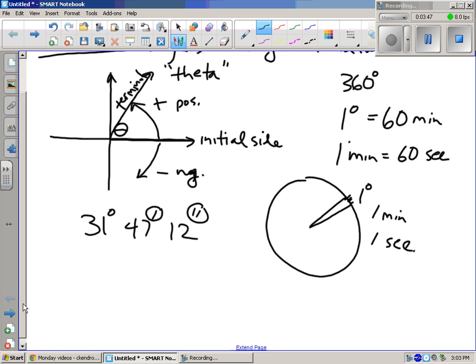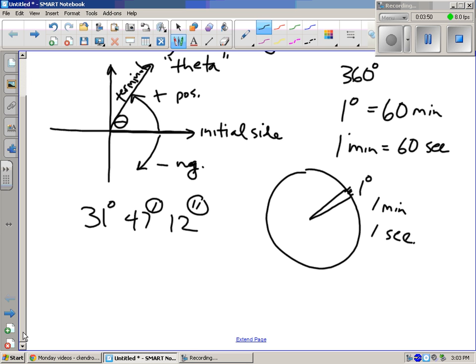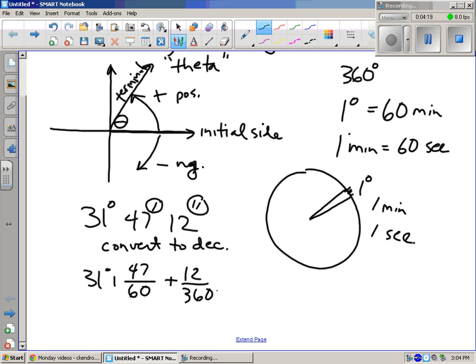Now, thinking about that problem right there, if I want to convert to decimals, let's say your calculator has to have it in decimals. Well, 31 degrees is fine. 47 out of 60 minutes. And then also we have 12 seconds out of 3,600, because 60 times 60 is 3,600 for a degree.